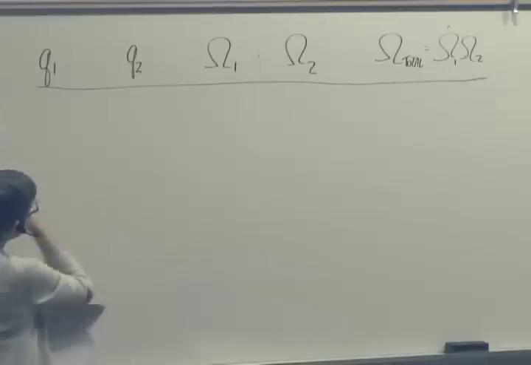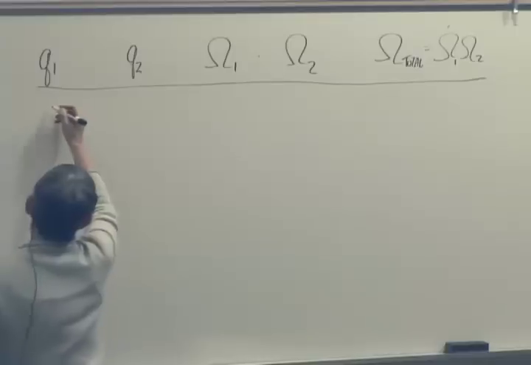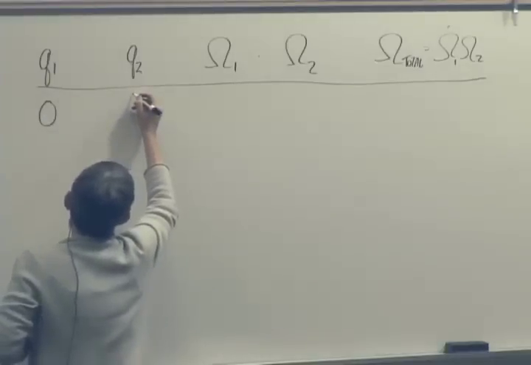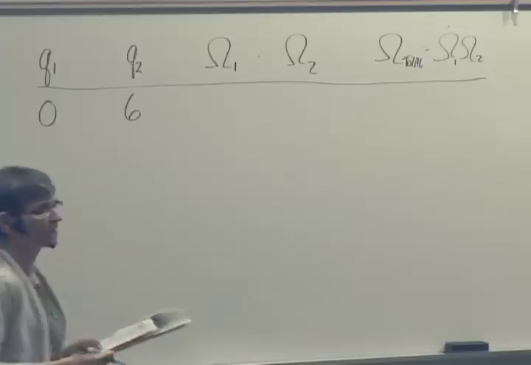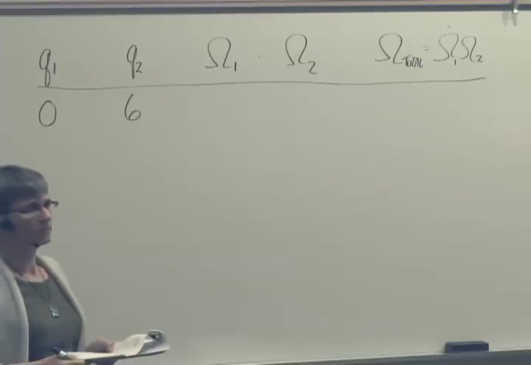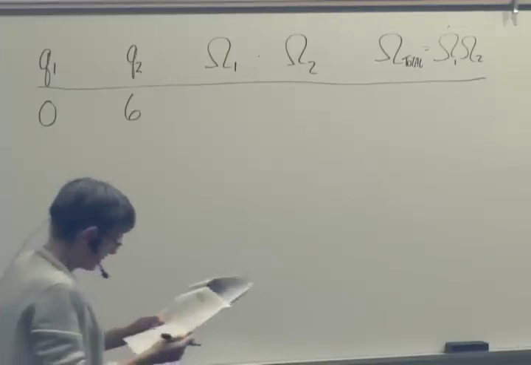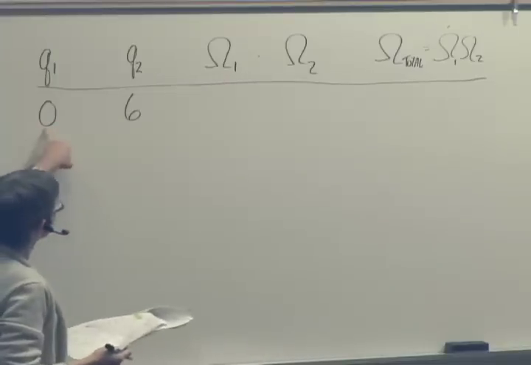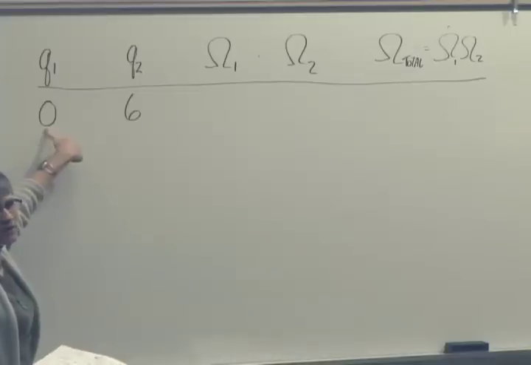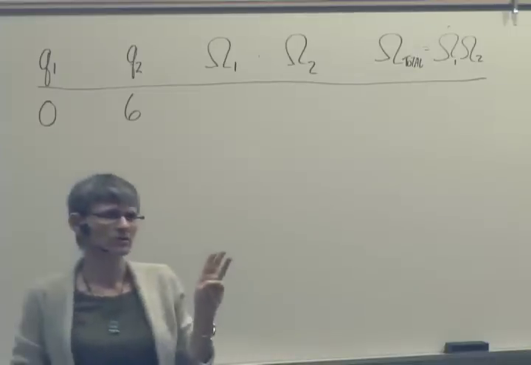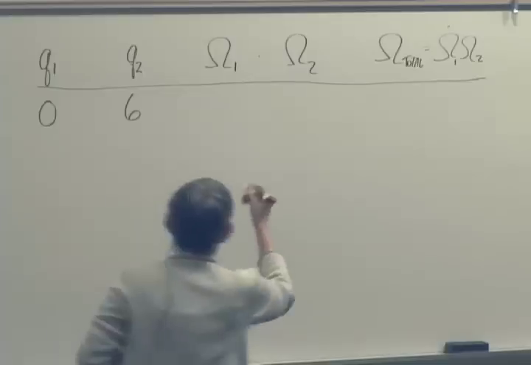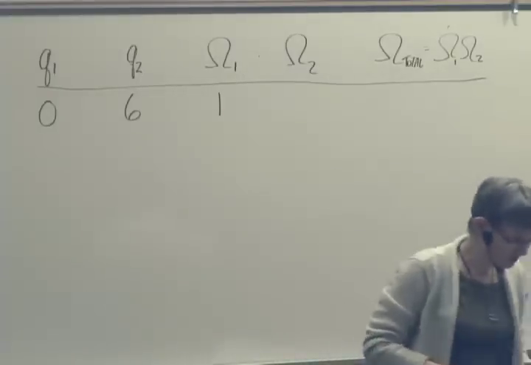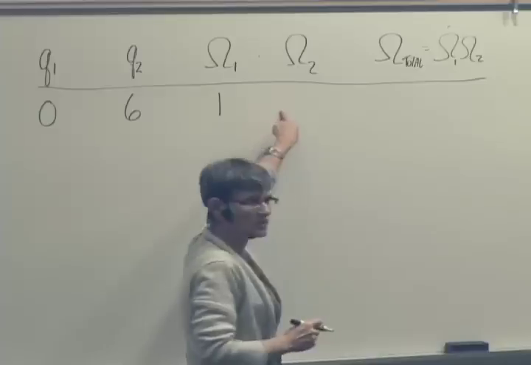So let's do one together, and then you guys are going to do the calculation sort of distributed. So we could start out, we have 6 quanta, so an easy thing to do would be to put 0 of them in atom 1 and all 6 in atom 2. Okay, so how many ways are there of arranging 0 quanta of energy in 3 oscillators? 1. Okay, that was an easy calculation. How many ways are there of arranging 6 quanta of energy in 3 oscillators?